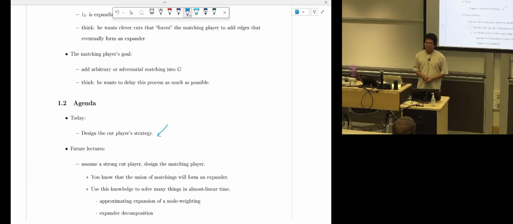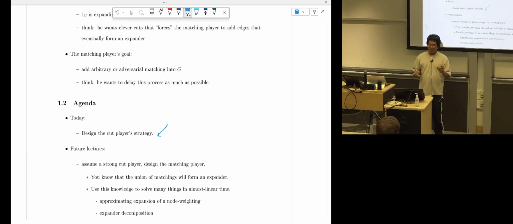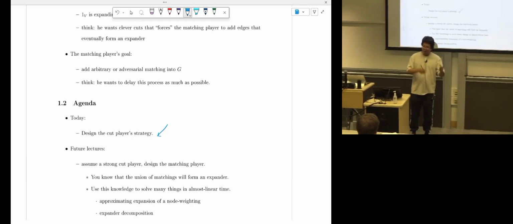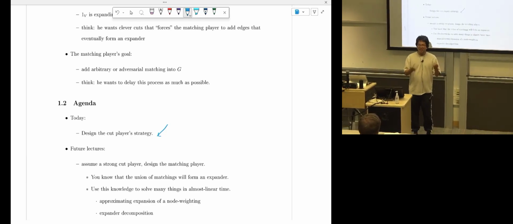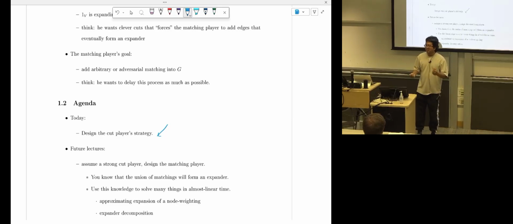So if it takes just K rounds to finish, at the end of the K rounds, the max degree of every node is at most K, right? Because the matching is a graph with max degree 1, and it's a union of K matchings, so the graph has max degree K. So if you can finish this within a few rounds, you get a low degree graph that's still an expander. So that's good.